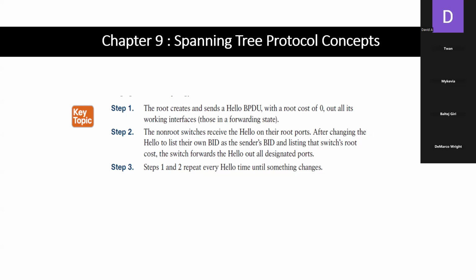Step two, the non-root switches receive the hello BPDUs on their root ports. After changing the hello to list their own bridge ID as the sender's BID, and listing the root switch's cost, the switch forwards the hello out of all of its designated ports.